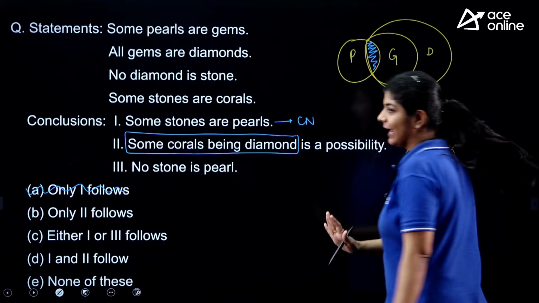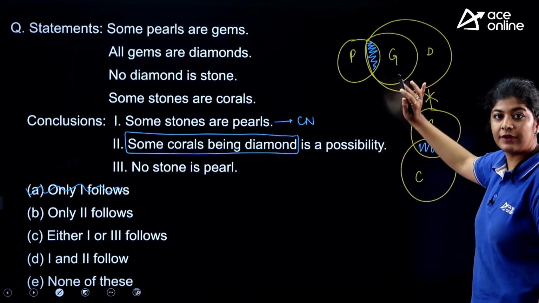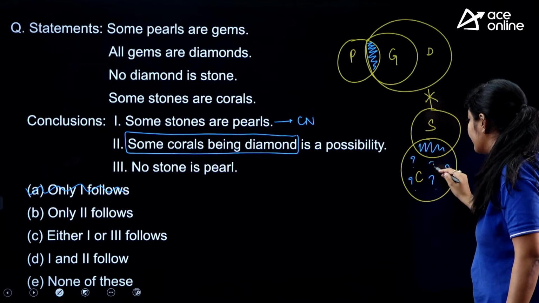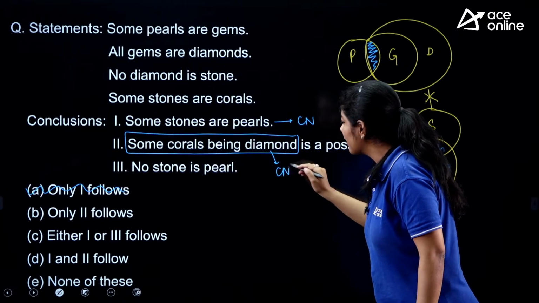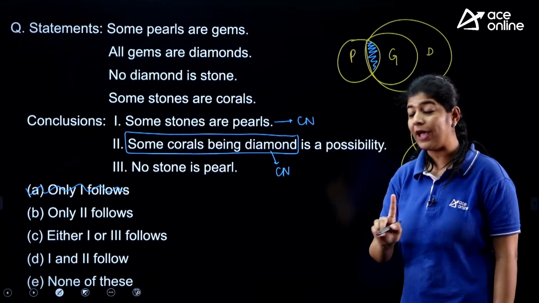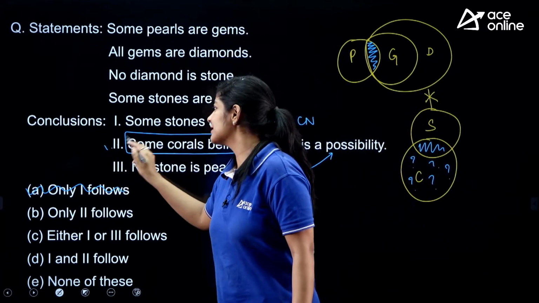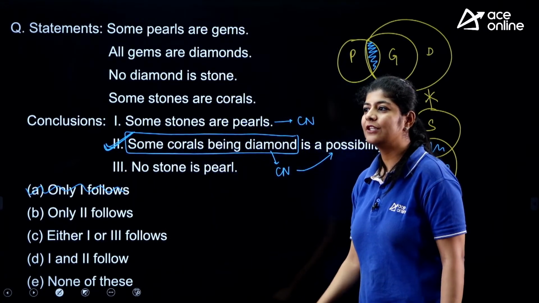All you can say is that this part of coral can never be a part of diamond, but we are not sure about the rest of the coral. Because of that, this lies in the condition of can't say, and whenever we have a can't say condition and a possibility, that possibility is considered as true.